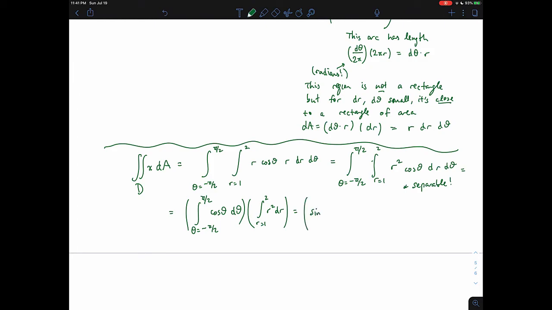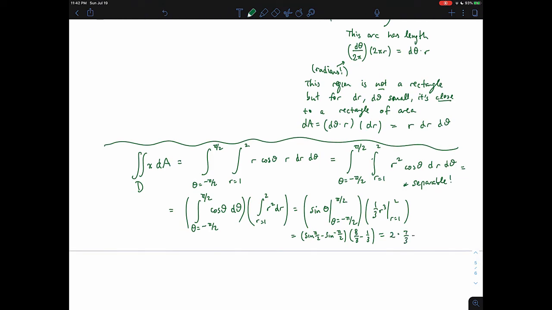An antiderivative of cosine theta is sine theta, and an antiderivative of r squared is 1/3 r cubed. So we'll have sine of pi over 2 minus sine of minus pi over 2, times 8/3 minus 1/3. This is 1 minus negative 1, so we get 2 times 7/3.